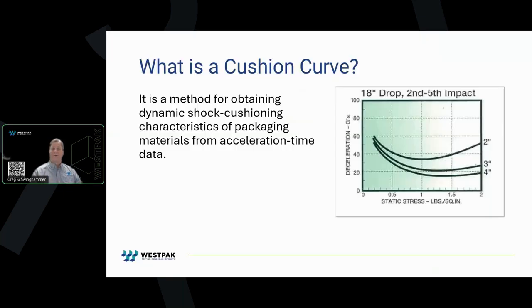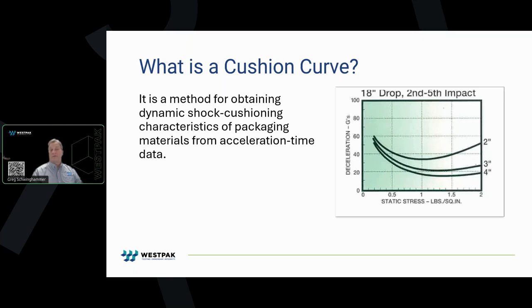So what is a cushion curve? A cushion curve is a method for obtaining dynamic shock cushion characteristics of packaging materials from accelerated time data. That's a bit of a complicated answer. More practically, it gives guidance to packaging engineers on what to expect from a given cushion from a given drop height.